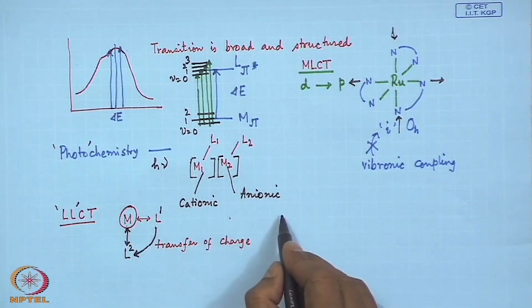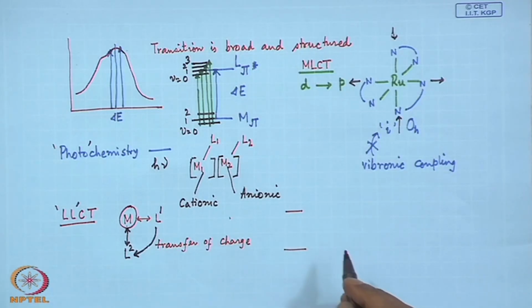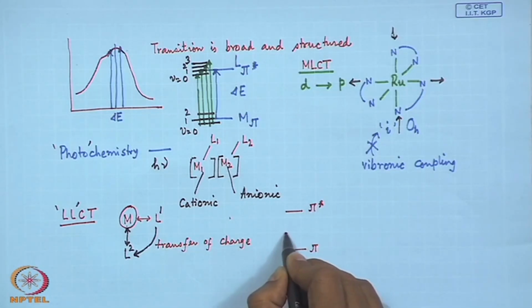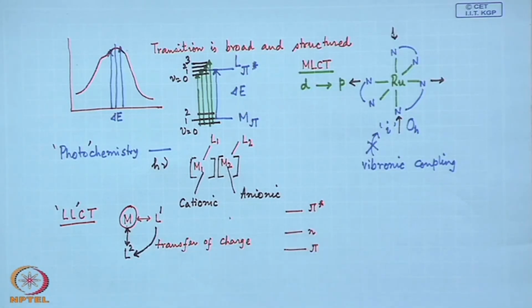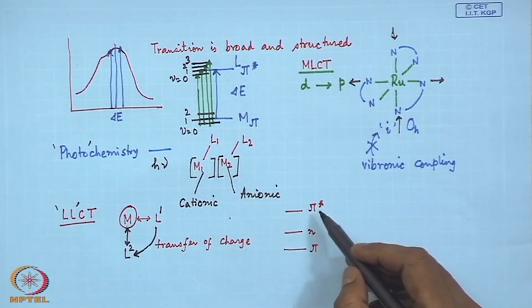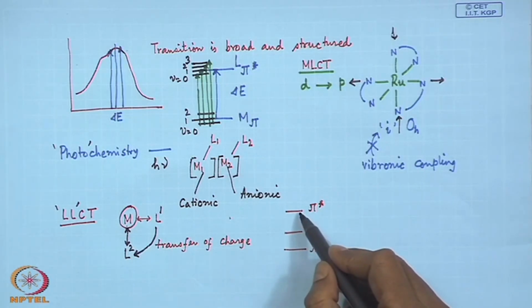What we have seen earlier, for a single ligand system, we can have the pi level as well as the pi star level or the n level. In that case, the pi level is donating electron density to the pi star level, and the n level is also donating electron density to the pi star level.